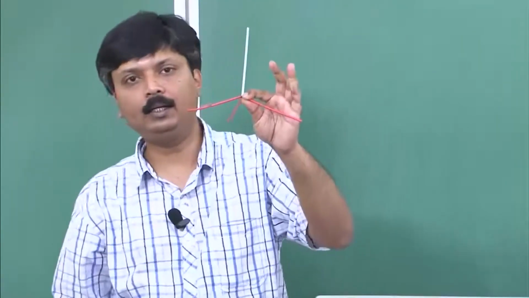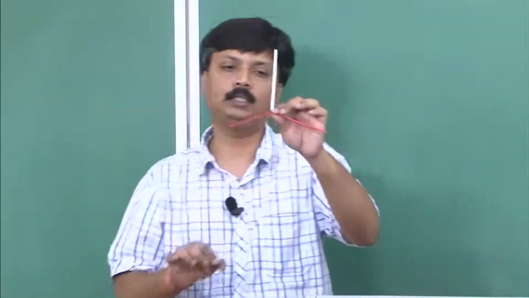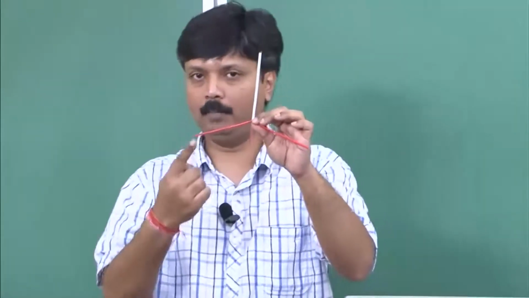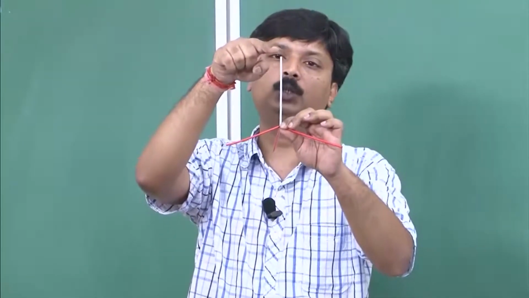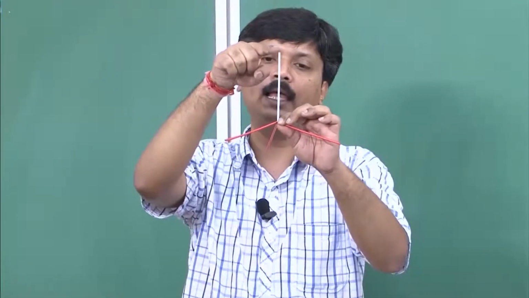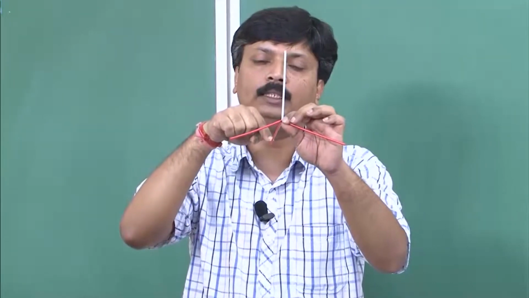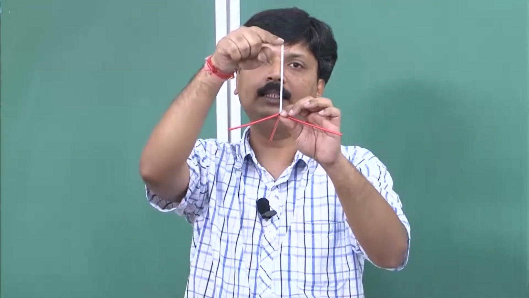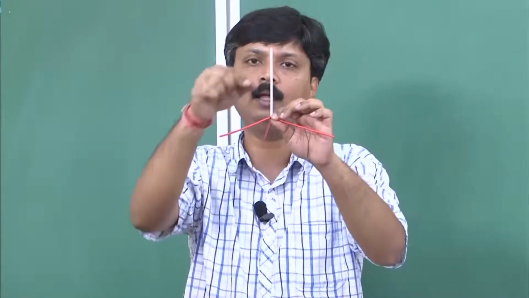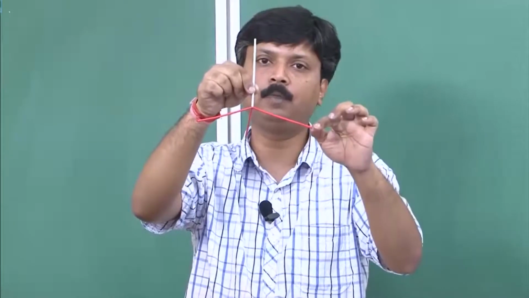Since I am talking about this particular structure, there is not only one plane, there are multiple planes. I chose one H-C-Cl plane, but I can choose any other H-C-Cl plane, and the third one is this one.